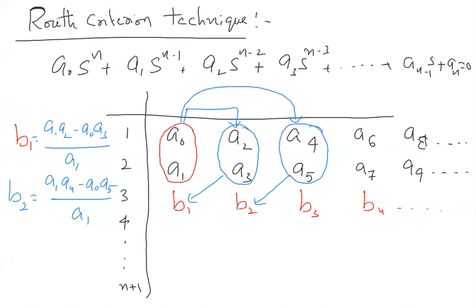So what is B3? B3 is A1 A6 minus A0 A7 divided by A1. Correct.